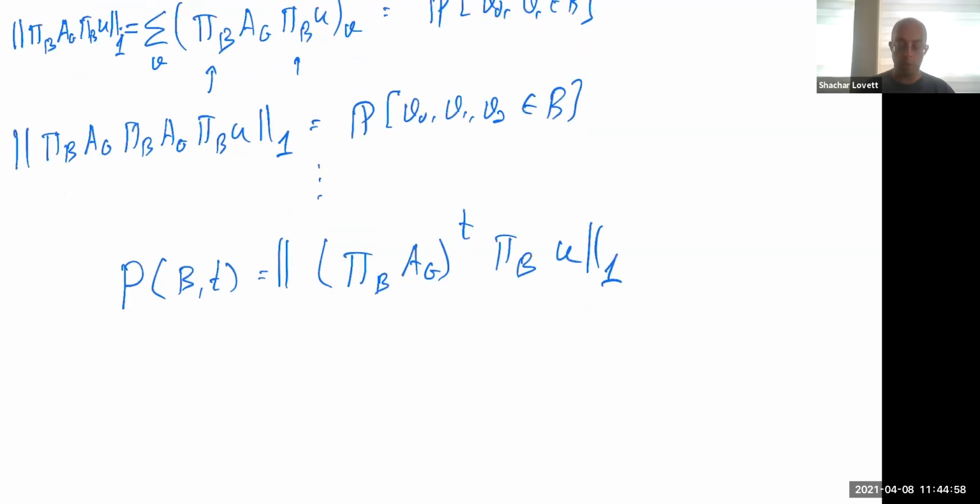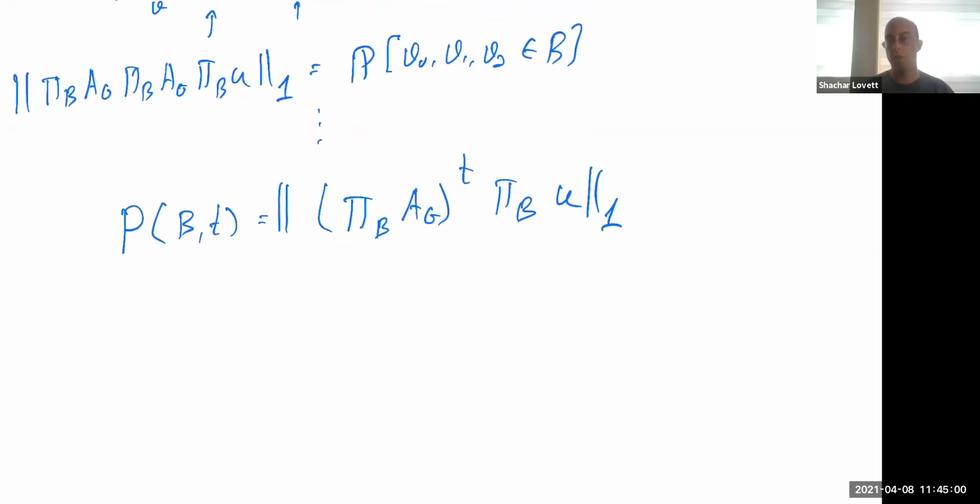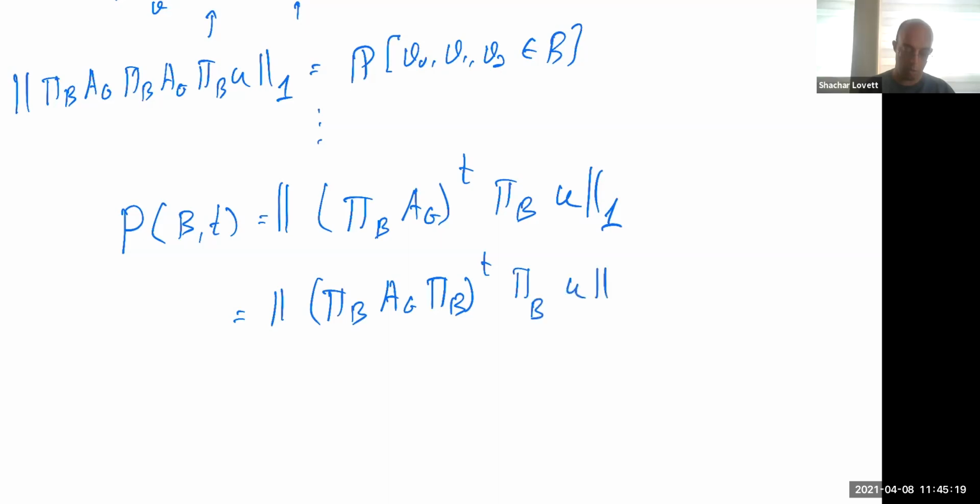So the first step is going to be making a change here that's equivalent, but makes it easier to analyze. I'm claiming that it's the same when π_B A_G π_B to the t, and then here, π_B. Okay, so why is this true?